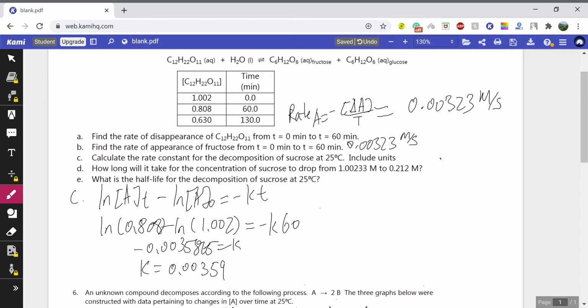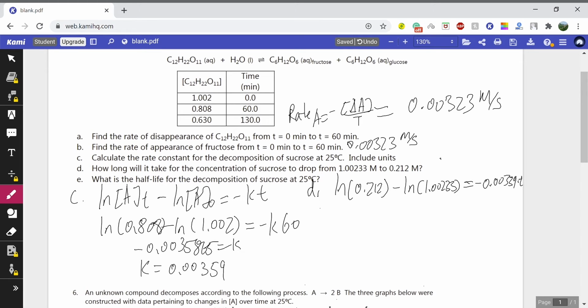D, how long will it take for the concentration to drop from this to this? Again, we can use the same formula we just did. ln, we're looking for time. So after a certain amount of time, it dropped to 0.212, and its initial is 1.002. That is equal to negative k, which we just found, so we don't need to use k anymore, 0.00359 times t.